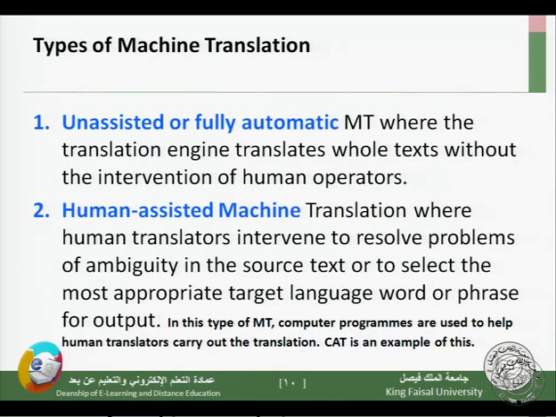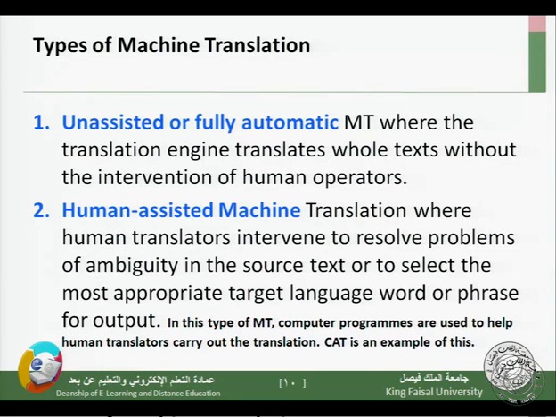Now, what are the types of machine translation? There are two types. Unassisted or fully automatic. Unassisted means fully automatic type of translation, where the translation engine translates the whole text without the intervention of a human operator.